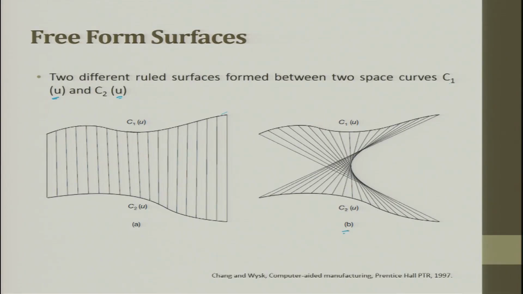So, just by changing the starting point, you get three different types of surfaces.